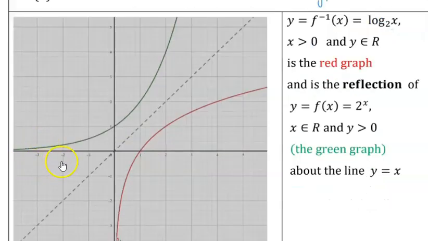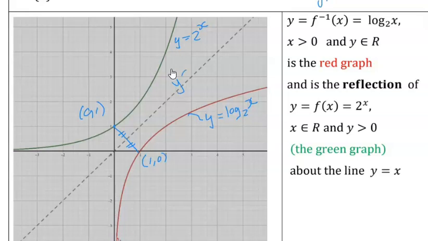First of all, on this graph, I've drawn the graph y equal to 2 to the x, and this is now y equal to log base 2 of x. We notice that this point, the point (0, 1), is now the point (1, 0) on the inverse function, and they are equidistant from the line y equal to x.